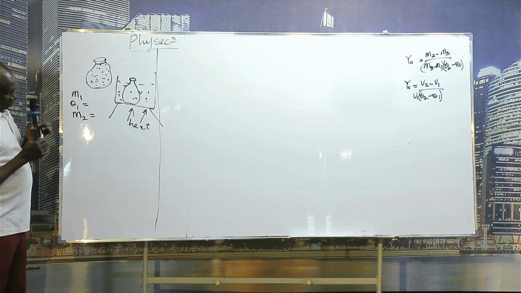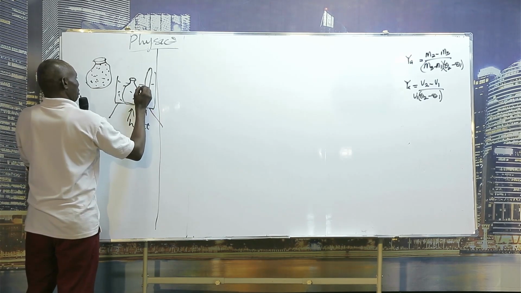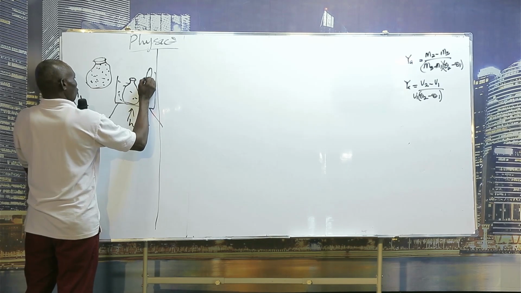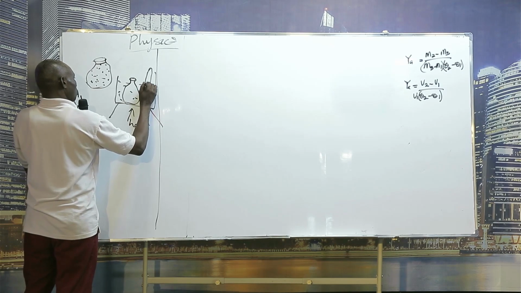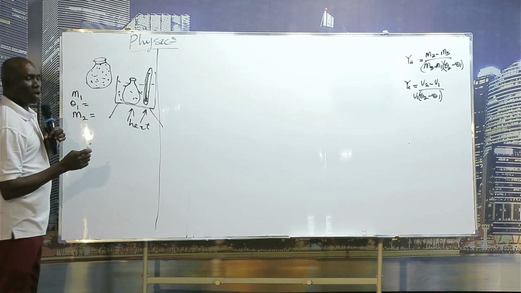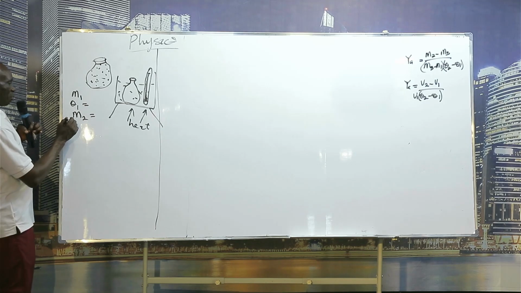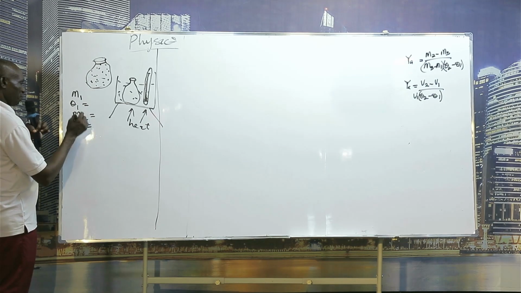As I heat, I'll be looking at the thermometer inside here. This thermometer will begin to graduate, moving up until at a time the mercury no longer goes up or comes down. And we know that I have obtained theta 2, which is the final temperature.